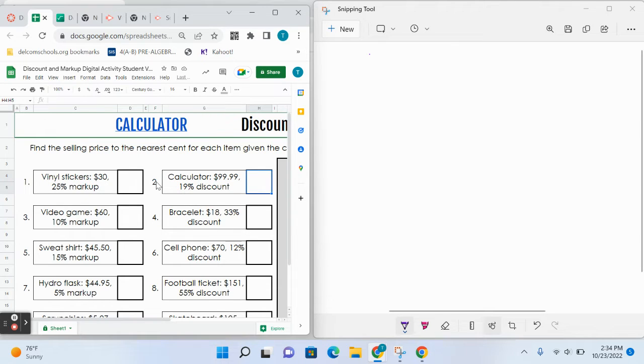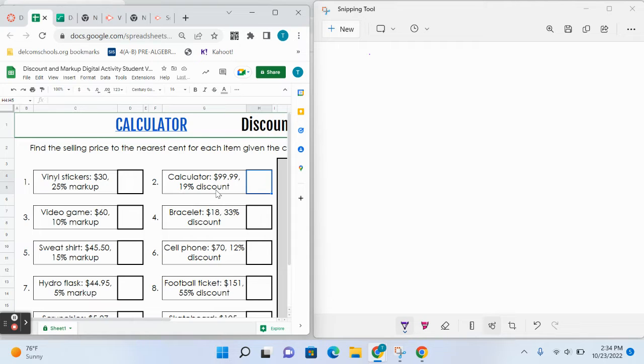So let's look at problem 2. We have a calculator for $99.99 and it's discounted 19%. We want to find the discount, and that could be rotating the rectangle like we did for a couple days in class, or it could be by finding the percentage of the original price.